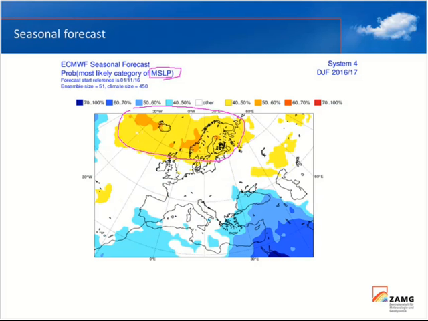So that means mainly too high pressure should be observed in this region over here. Whereas the southeastern part of Europe or of this map will deal with a lower pressure distribution than usual in these 3 months. So yeah, whatever you think of these seasonal forecasts, that is what the situation looks like.